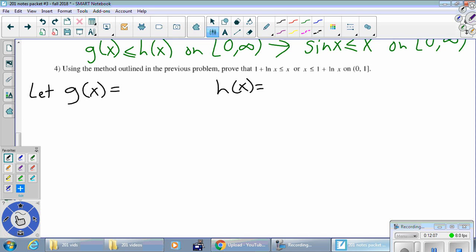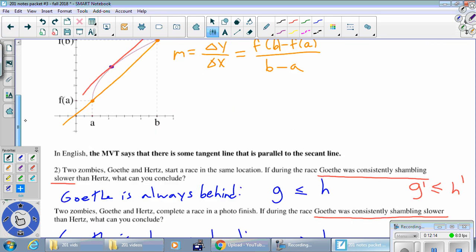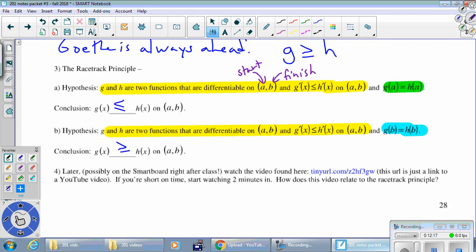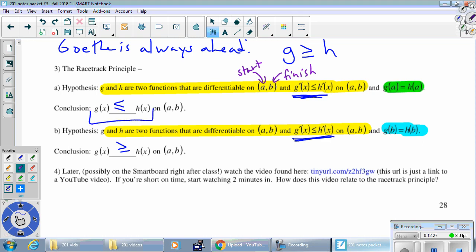The fact is the g and h do mean specific things in the racetrack principle, the thing we just looked at on the demo. In both cases of the theorem, g prime was less than or equal to h prime. And in both cases of the theorem, we end up comparing g to h with an inequality. And so if you were to swap g and h here, it would be totally no problem.